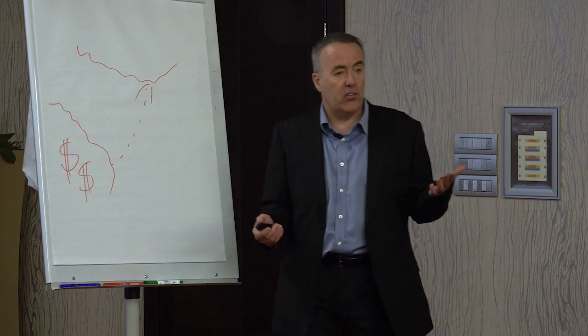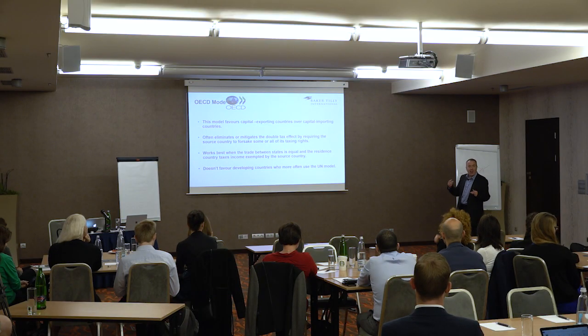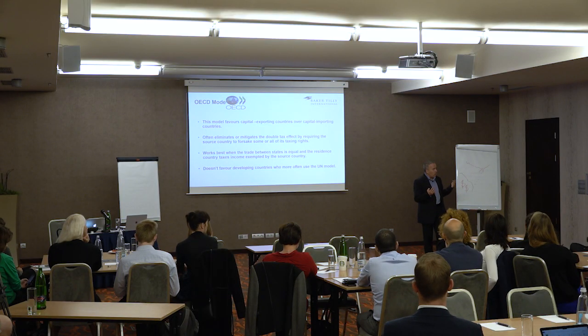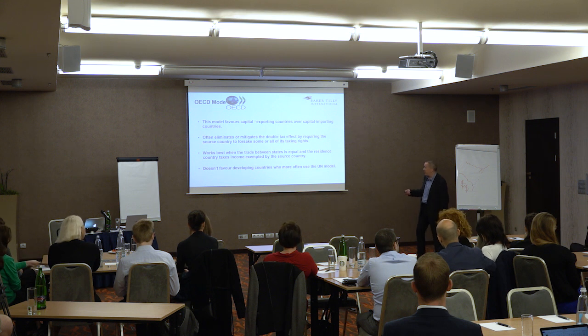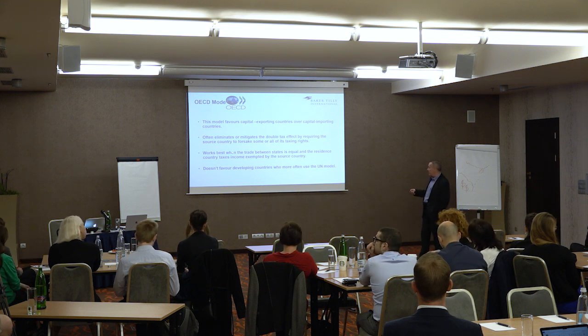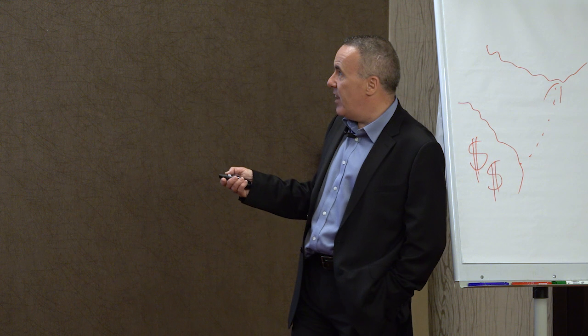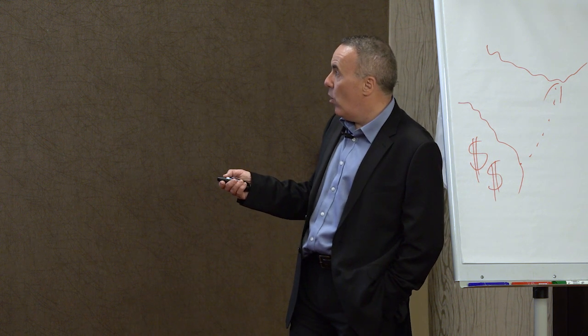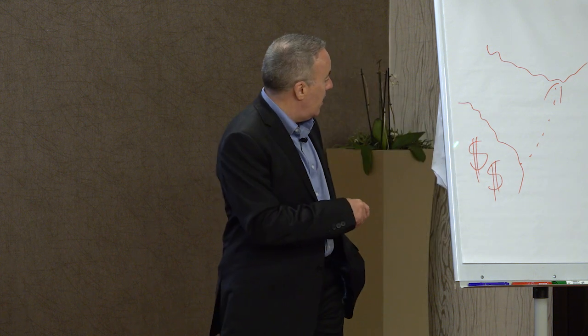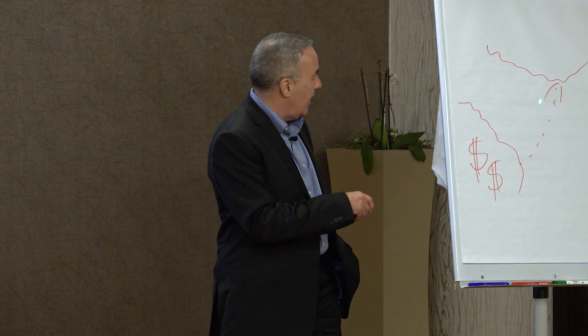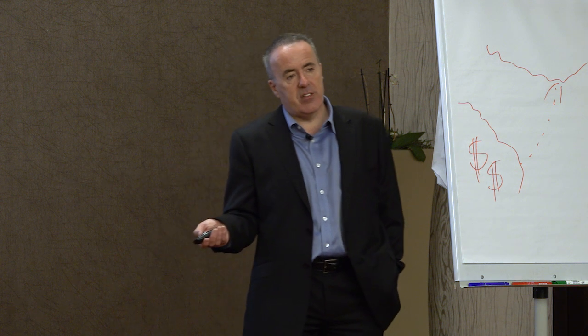It's a little bit more equal, so it's probably regarded as being the kind of thing that a developing country would want to enter into with a more developed country, and the more developed country would want to enter into the OECD model treaty. That's the basic difference. Really, the OECD one eliminates or mitigates the double tax effect by requiring the source country, that's the source country of that income, to give up some of its taxing rights.